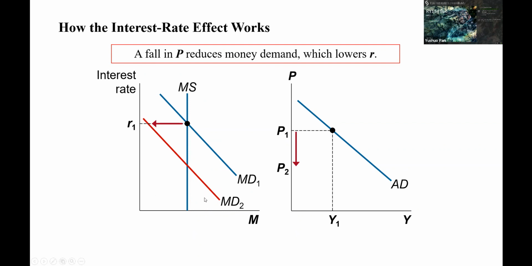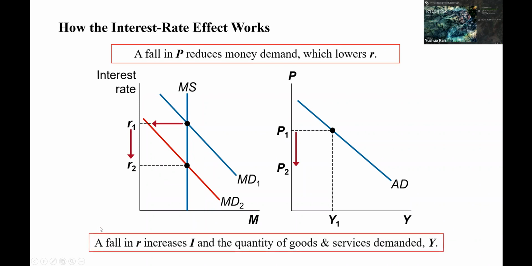Money demand decreases, the MD shifts to the left-hand side, because MS, money supply, doesn't change. It's decided by the Fed. So the interest rate is going to decrease. If the interest rate decreases, that will increase investment. So Y is going to increase.